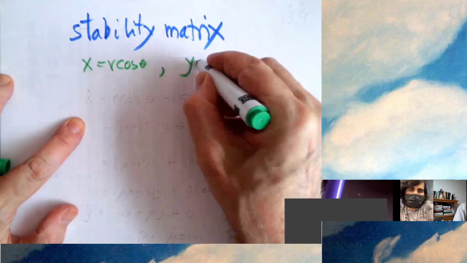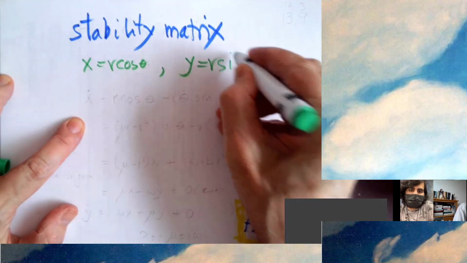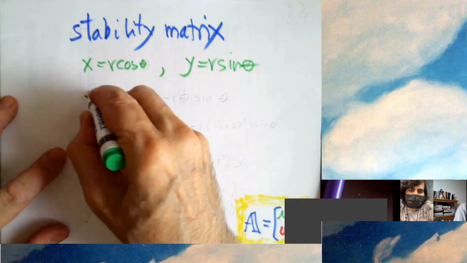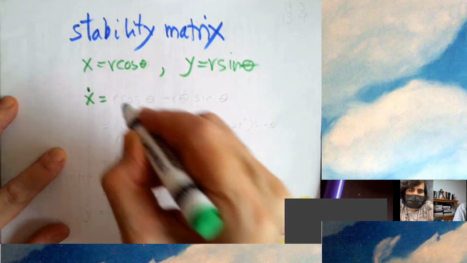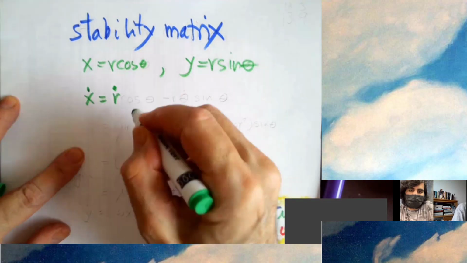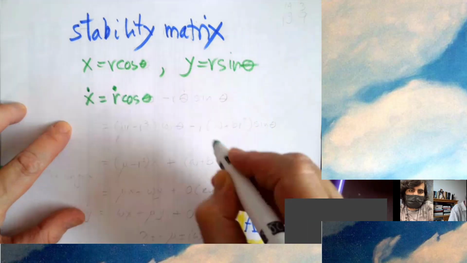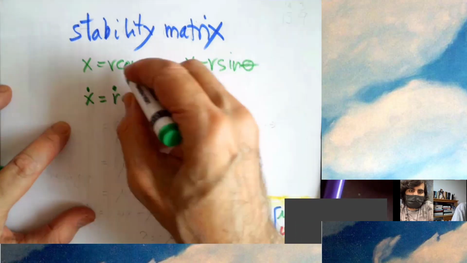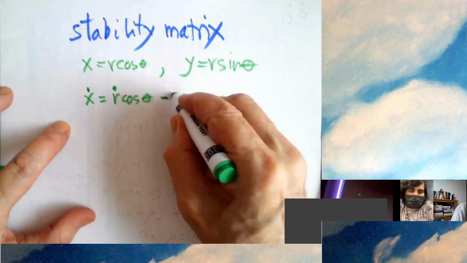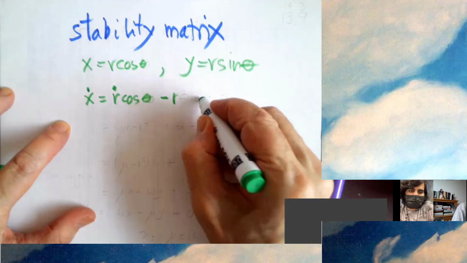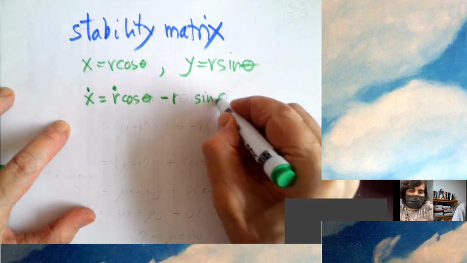Just project onto the two axes and get sines and cosines. Then if you take a derivative of this thing, by chain rule, either you pick up the time derivative in the radial direction, or you pick up the time derivative of cosine, so you pick up sine theta.